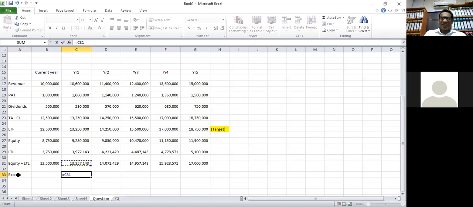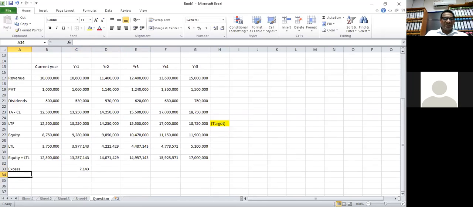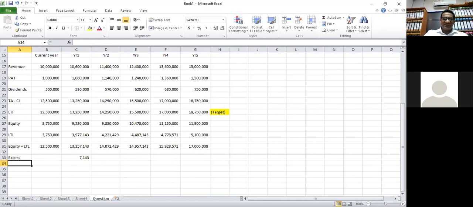Basically, you are exceeding the target by 7,143, which means you need more money. I will put the formula here. Excess means additional funding. Additional funding required. So I can continue.